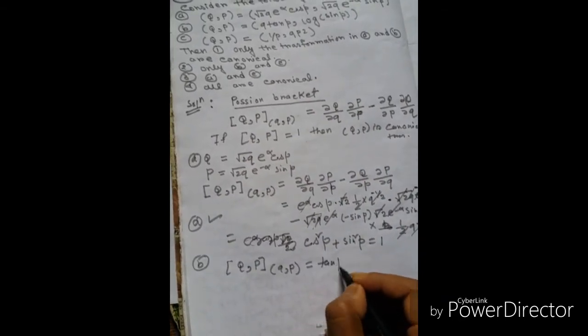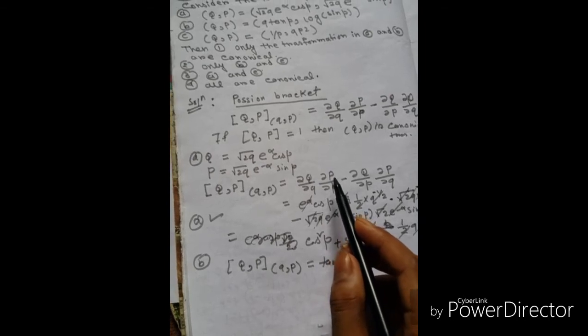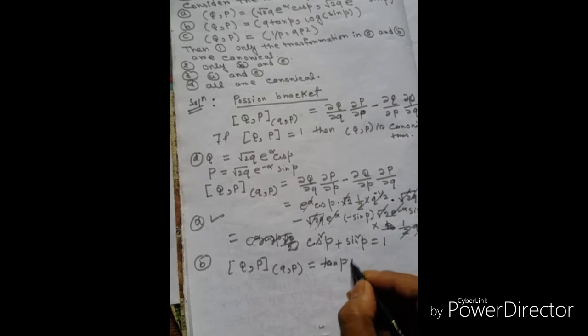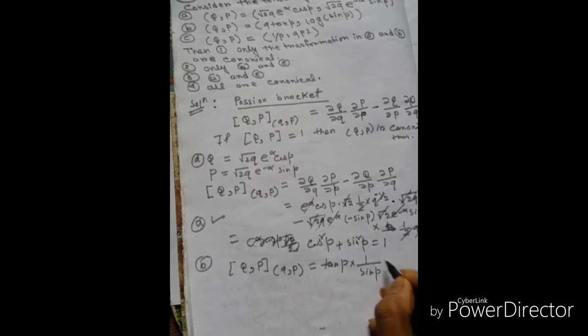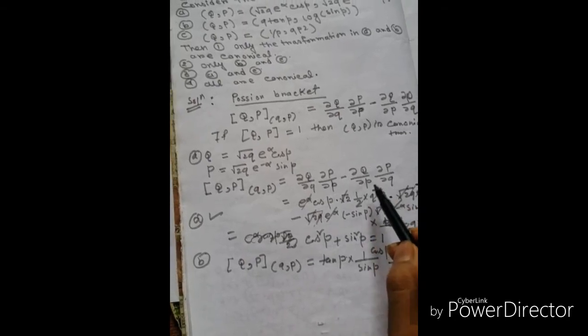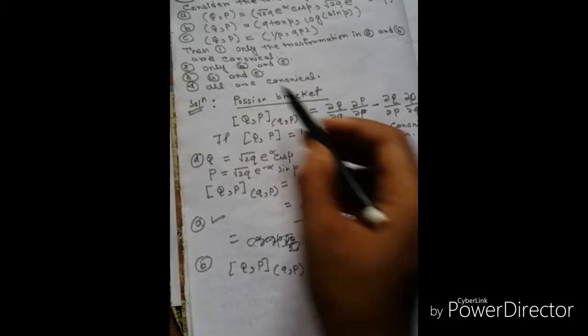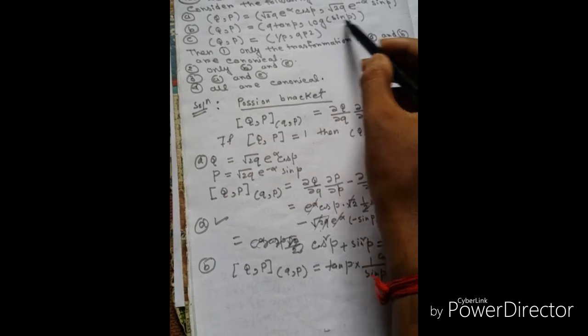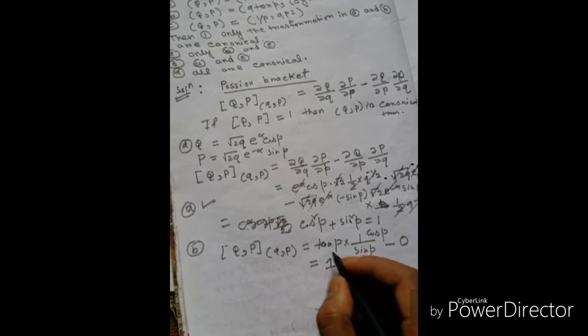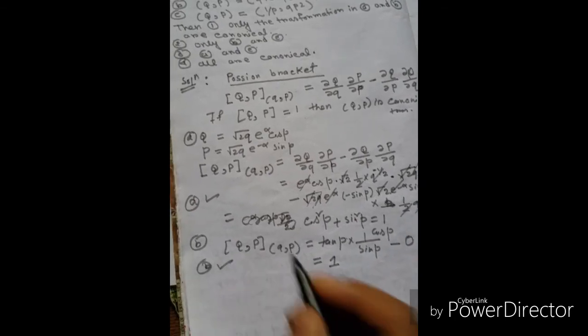So first is tan p, and del P del p is 1 by sin p into cos p, and next minus del Q del p into del P del q. Here del P del q is a function of only p, so it is 0, so this total term is 0. So this is 1, because tan p into cot p. So B is also a canonical transformation.